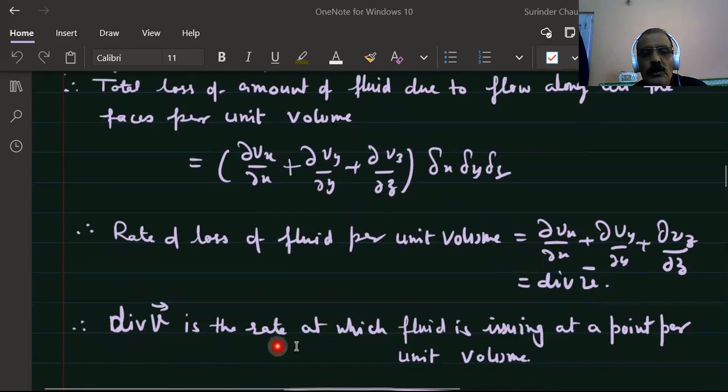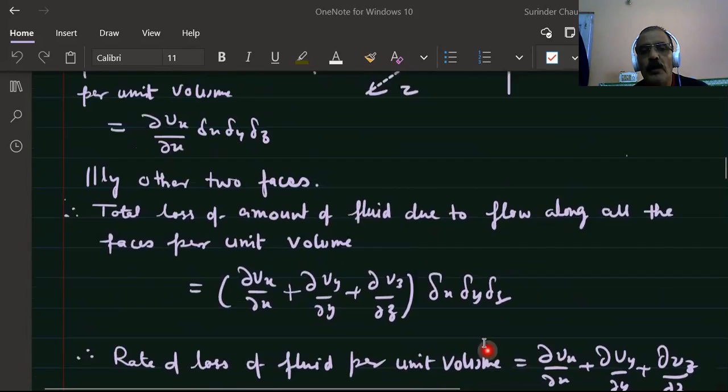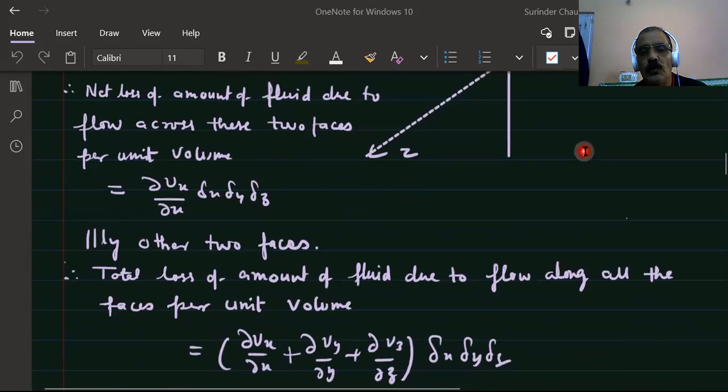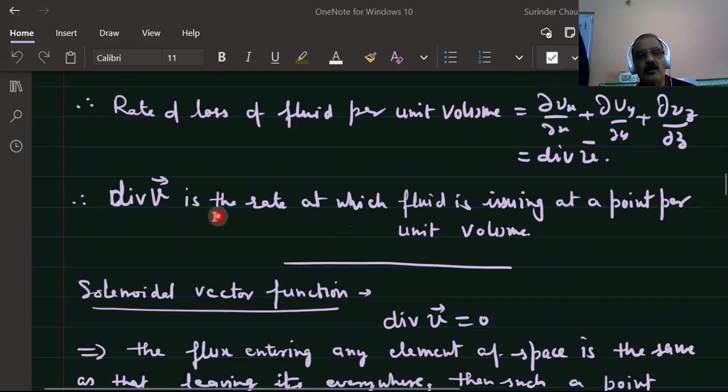Therefore, divergence is the rate at which fluid is issuing at the point per unit volume. So we are discussing at the point, the divergence of v is the rate at which the fluid is issuing at the point per unit volume.